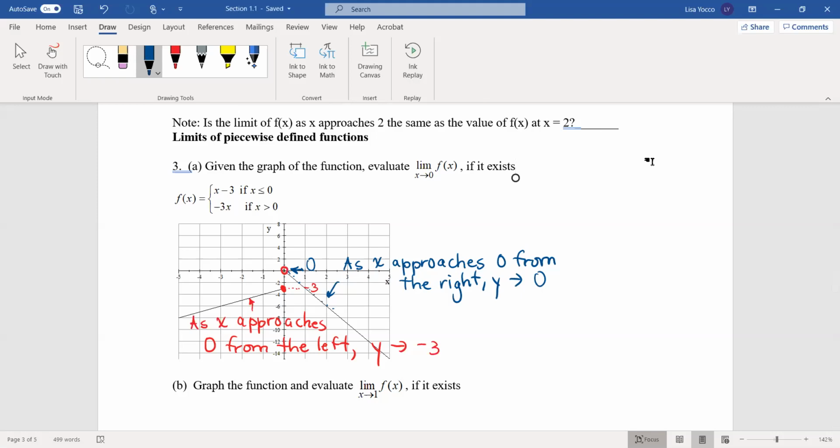So basically we're saying, okay, from the left, y approaches -3, and from the right, y approaches 0. We're not going to the same place. All right, so this is a case where the left-hand limit doesn't equal the right-hand limit.